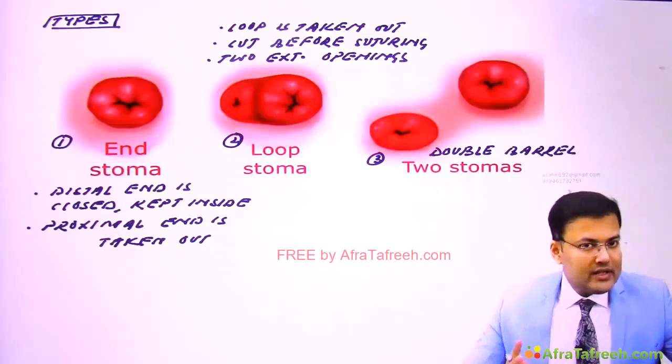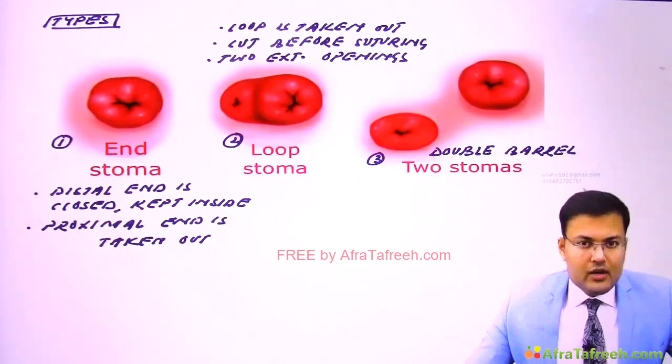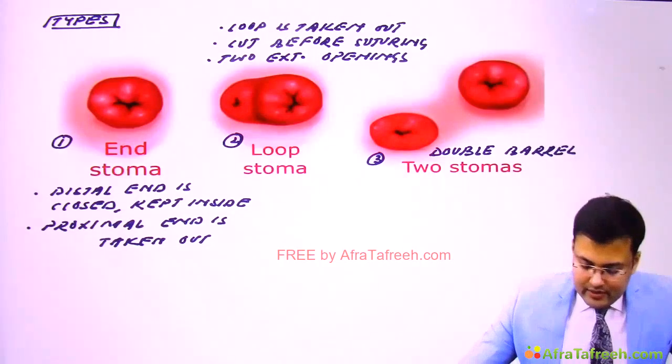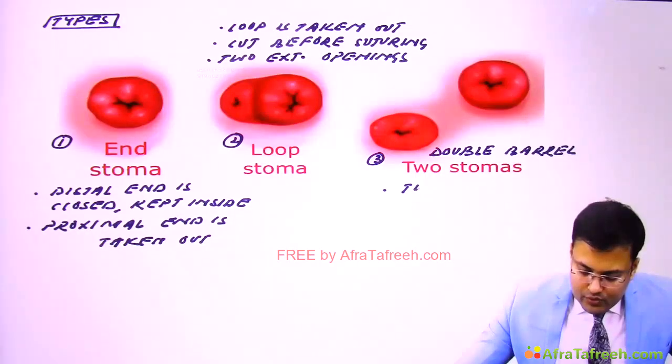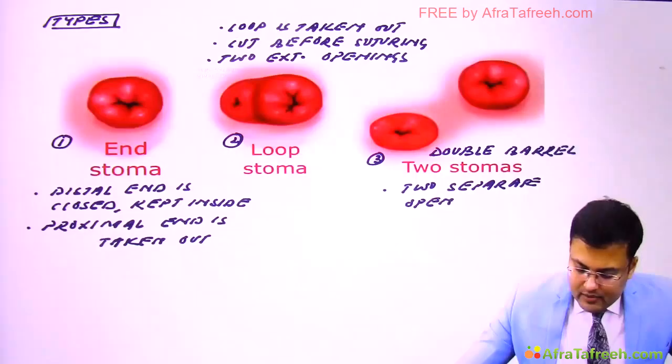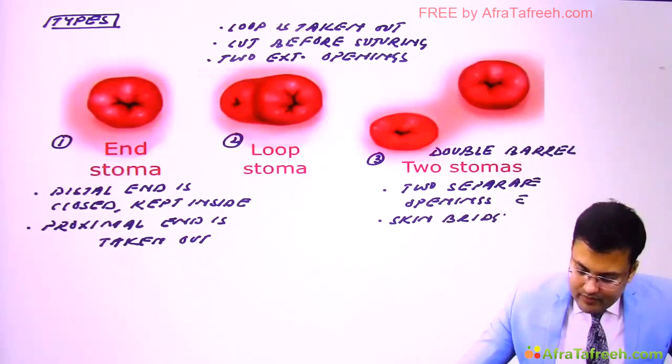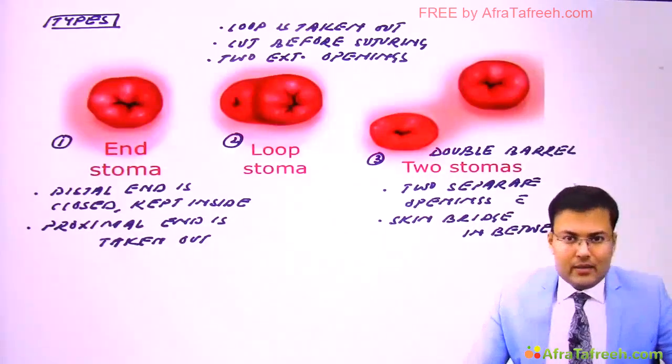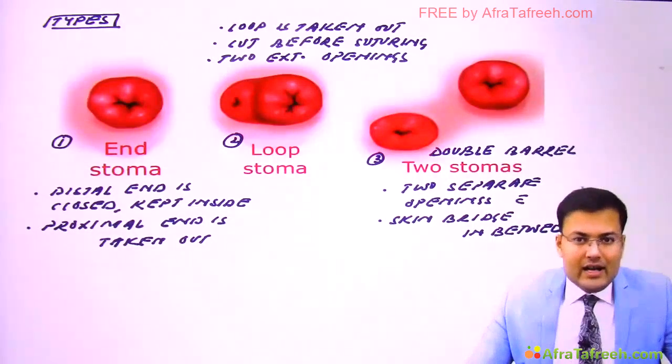So here there are two separate external openings with a skin bridge in between. Clear? So these are the types of stoma: end stoma, loop stoma, and double barrel. Usually there is double barrel ileostomy.